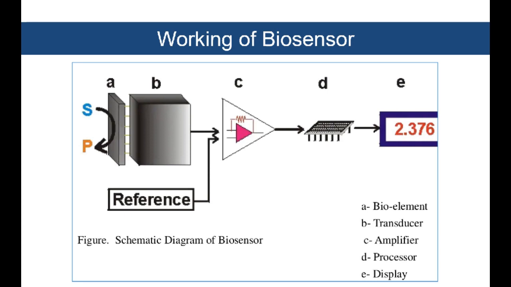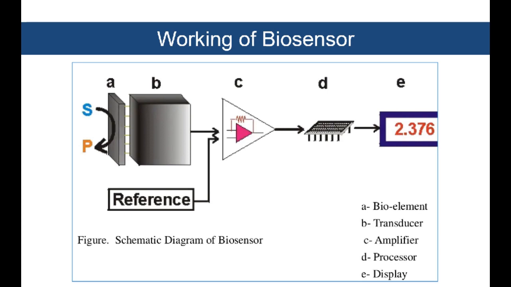That signal via the transducer is further transmitted to the amplifier, where that signal is amplified up to the extent which is required to be measured by the processor. Then that measurable, amplified signal is transmitted to the processor named D, and that processor has logic circuits where it checks whether that signal is appropriate or not.